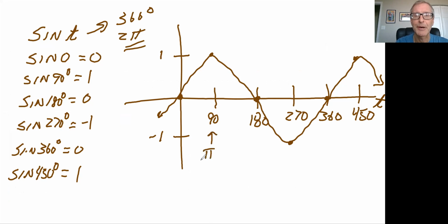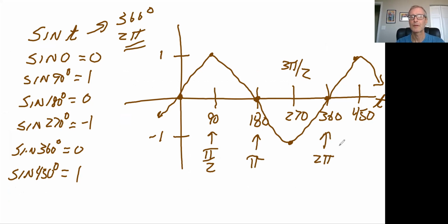So this would be pi over 2. That would be pi. This would be 3 pi over 2. And that would be 2 pi. And this would be 5 pi over 2. And so on and so forth. So you'll be able to go back and forth with regards to that.